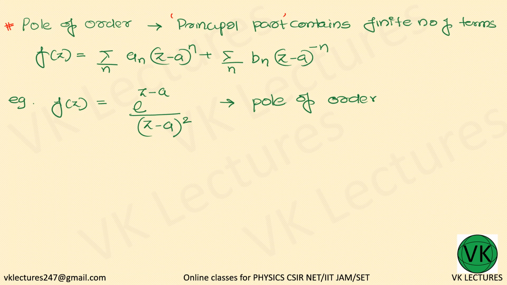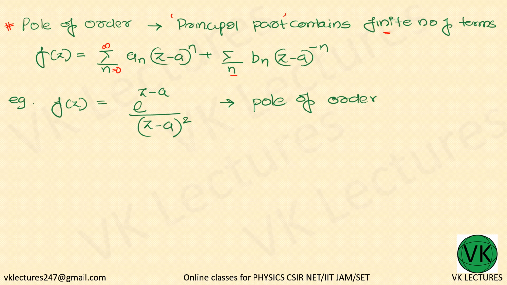Here the principal part will contain only a finite number of terms. So f of z can be written as the sum over n equal to 0 to infinity of an into z minus a to the power n plus the sum over n of bn into z minus a to the power minus n.